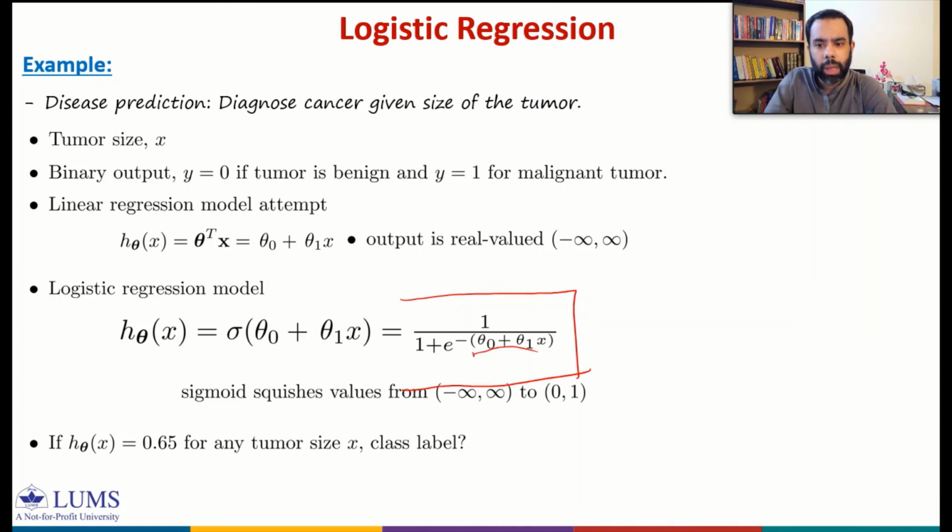We say the probability is 0.65, and as we said earlier, h theta of x quantifies the probability y equal to 1 given x. Since this is greater than 0.5, we can say the tumor is malignant, or we can diagnose cancer for this given size of tumor.